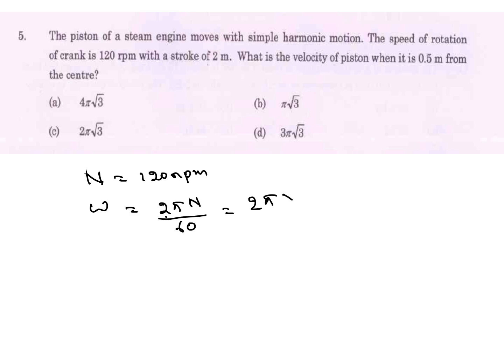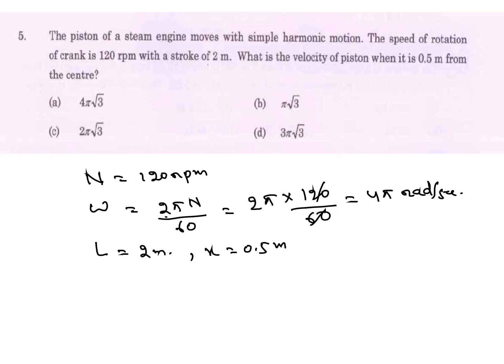Then stroke length L equal to 2 meter. Velocity of piston when it is 0.5 meter from center. X equal to 0.5 meter. So radius of crank is L by 2. R is L by 2. It's 2 by 2, 1 meter. So SHM formula we will apply here.